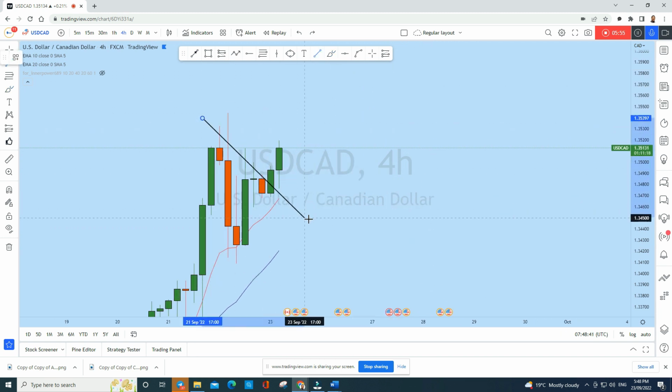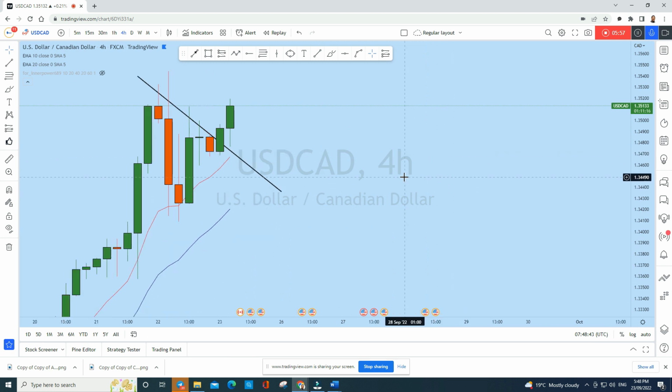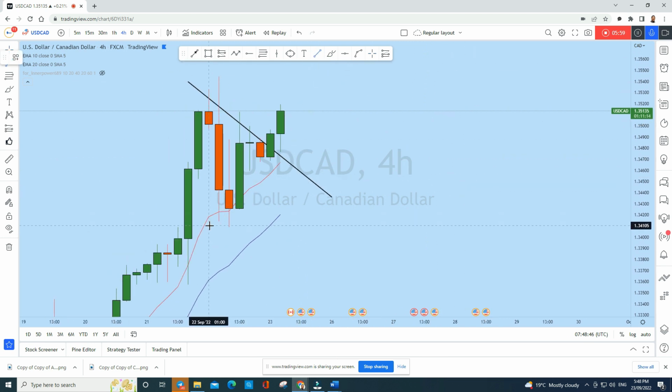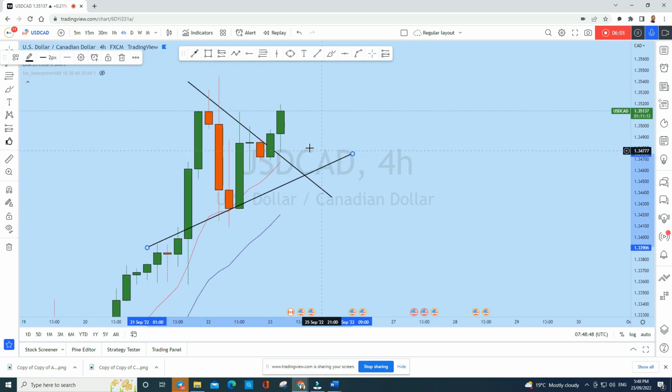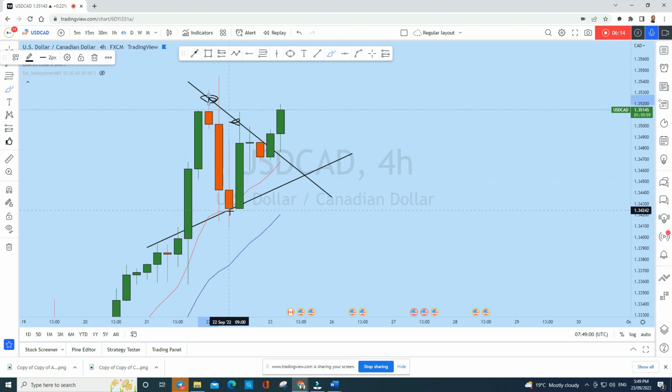If we draw a trend line on this local time frame, we can see that USD CAD has broken out of this local structure with this candle. What I think is that we could potentially see a little bit of movement to the downside to test both of this resistance on the local time frame and also support in this zone, and then we could see a strong rejection to the upside.